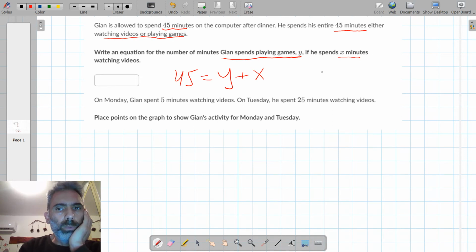So in this case, y equals the total number of minutes that he is allowed to spend on his computer, which is 45, minus x.